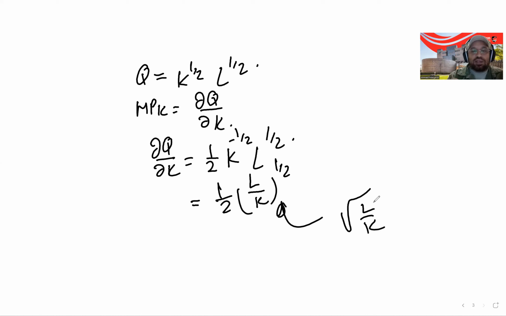So, like I asked the question before, what is delta Q over delta K? I'm not asking mathematically, but in terms of economics. It is the partial derivative of Q, a dependent variable, with respect to an independent variable. What does this tell you?